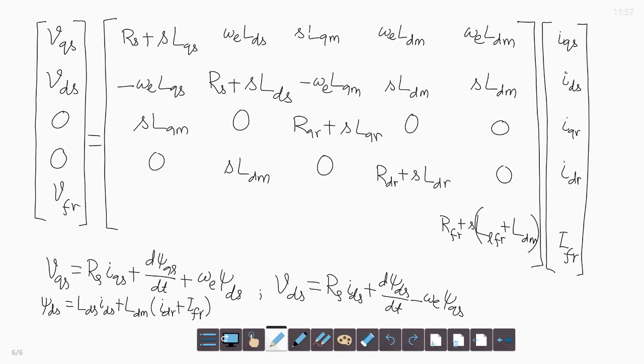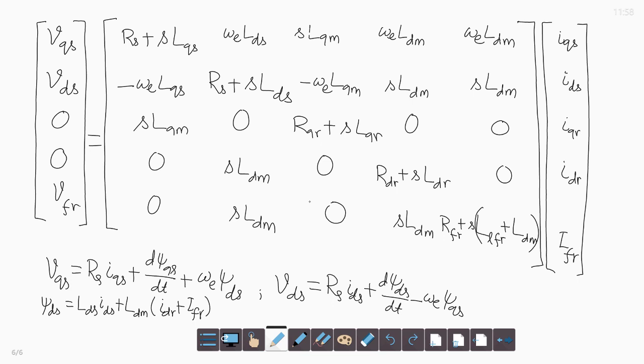S is replaced by leakage inductance plus mutual inductance. Then from d axis rotor damper winding we have SLDM, and from the stator also IDS we have SLDM times IDS, other terms are 0.